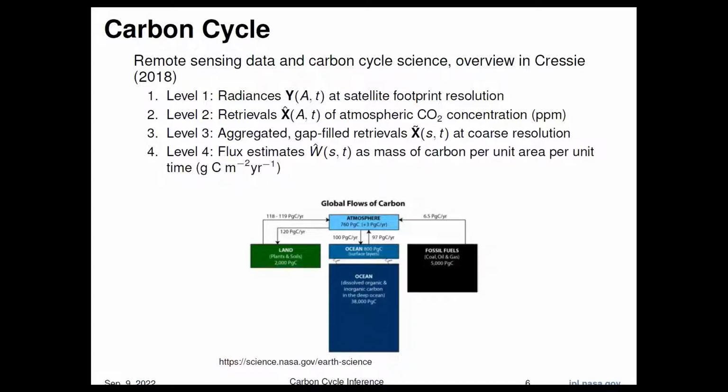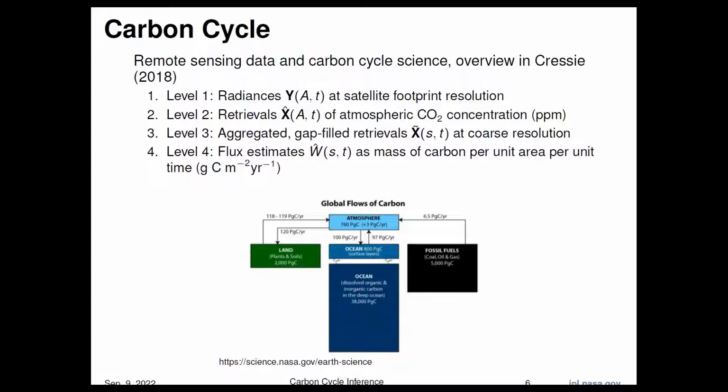More formally, the progression of data products for the carbon cycle. At level 1, we have the so-called satellite radiances. We're going to call those Y in the rest of the talk, and these are at the resolution of a particular satellite footprint.